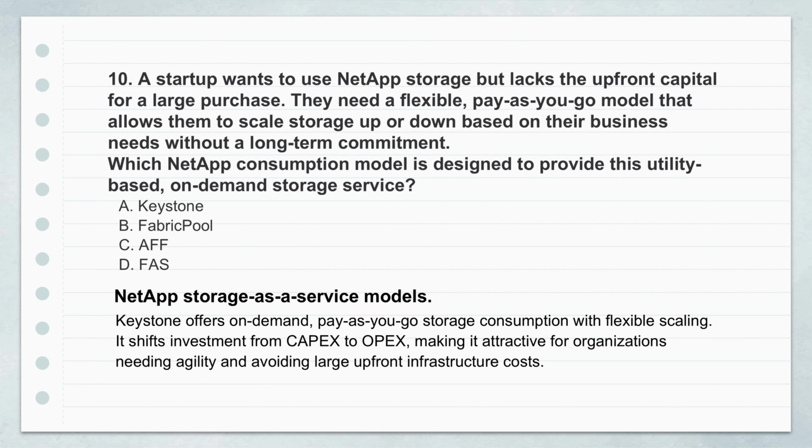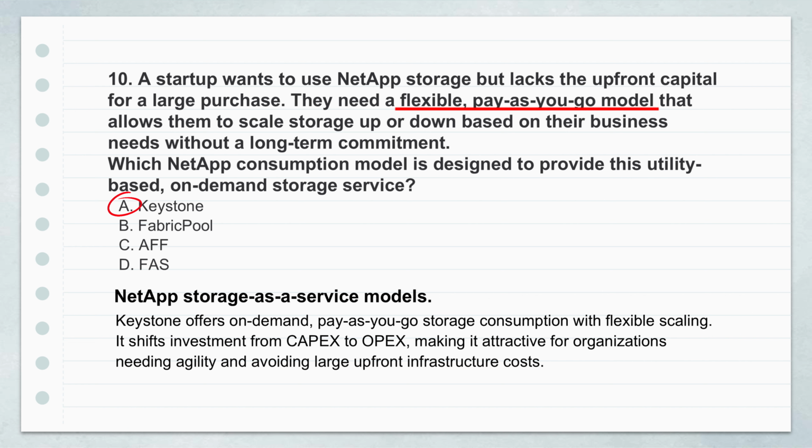But what if the cost model itself is the hurdle initially? I mean, not everyone wants to or can buy all their storage upfront in one big chunk, especially if business needs fluctuate a lot. That's where NetApp's approach to flexible consumption really changes the game, doesn't it? It addresses a major barrier for many. This brings us neatly to NetApp Keystone. Keystone is essentially a subscription-based, pay-as-you-go consumption model for storage.